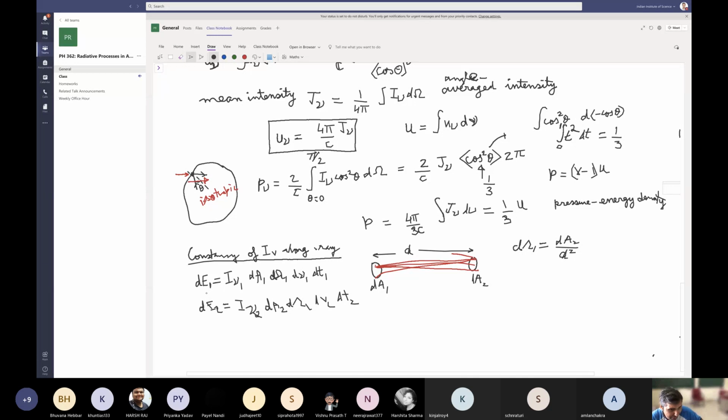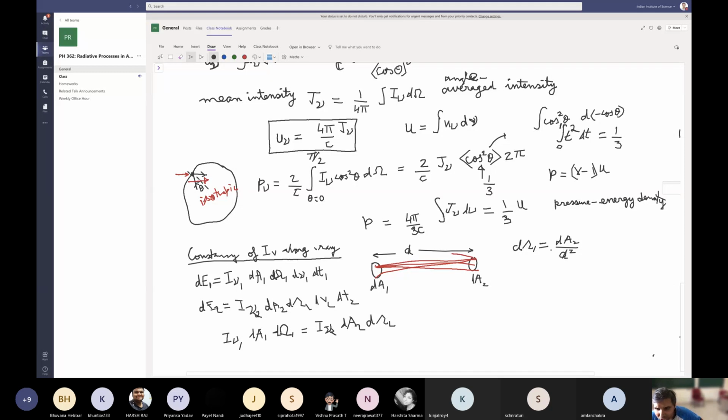So if we take that equality, what we get is I nu 1 dA1 d omega 1 is equal to I nu 2 dA2 d omega 2, right?